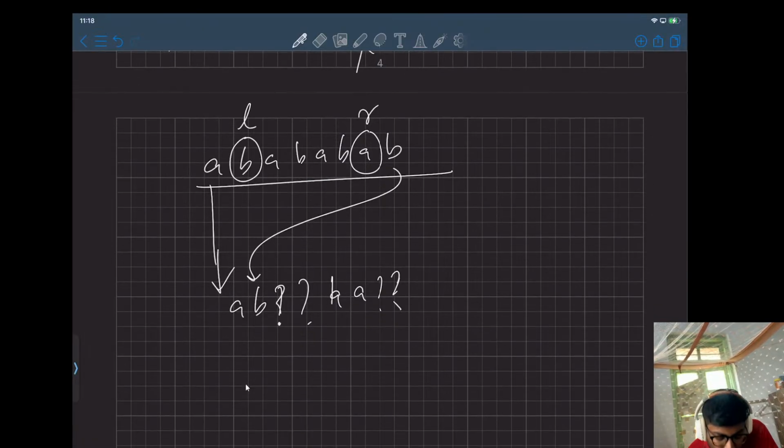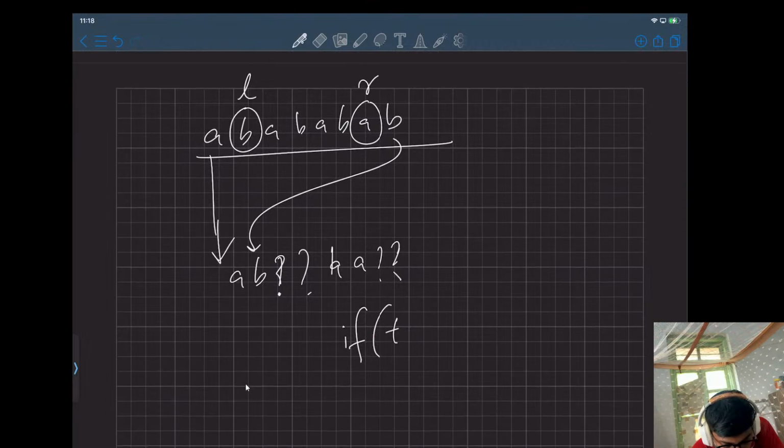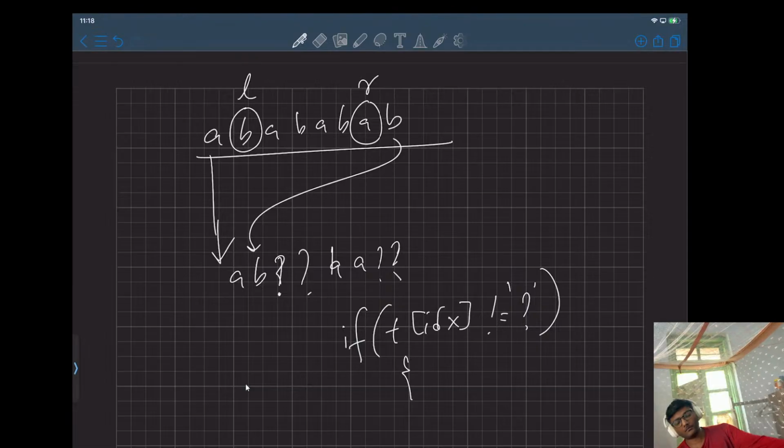Let me try to define the recurrence. If the t of idx is not equal to question mark, then I will check.